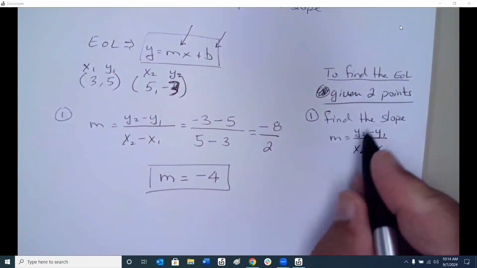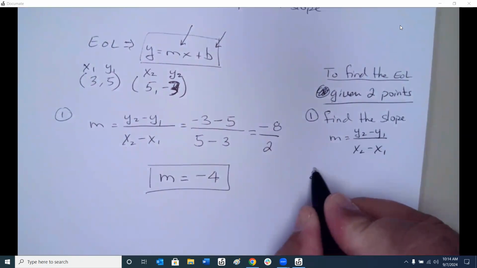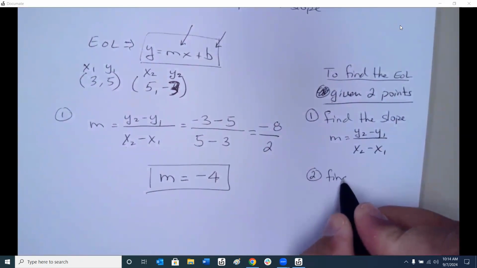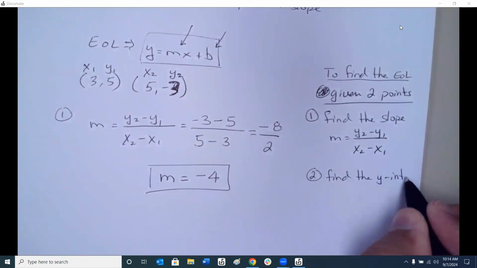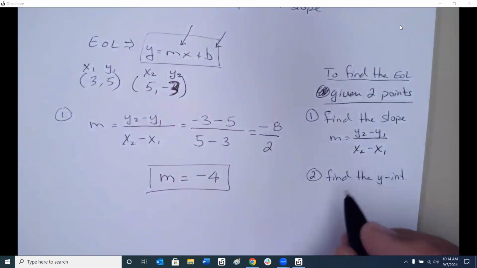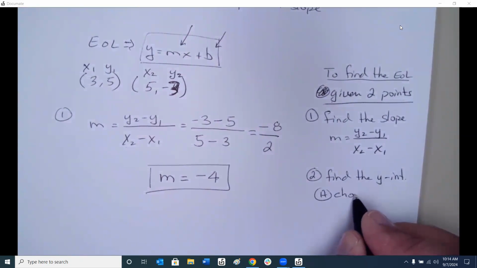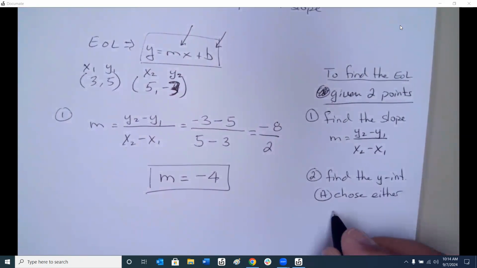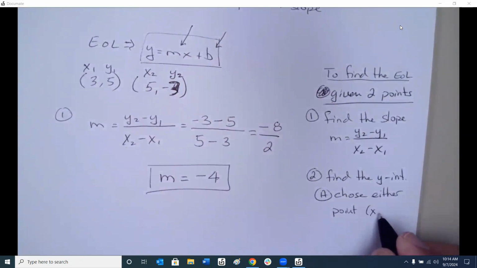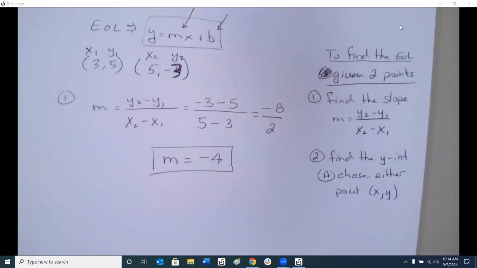All right. Once we found the slope, we have to find the y-intercept. How do we find the y-intercept? Choose either point as x, y.